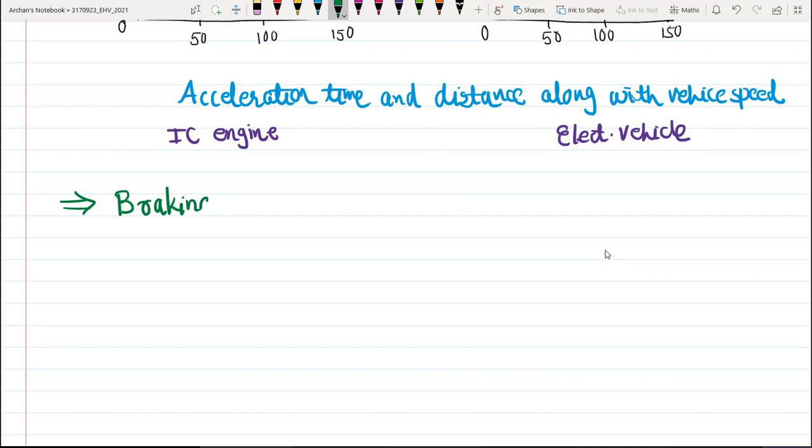My next topic is braking performance. It is undoubtedly one of the most important characteristics that affect vehicle safety. In urban driving, a significant amount of energy is consumed in braking.